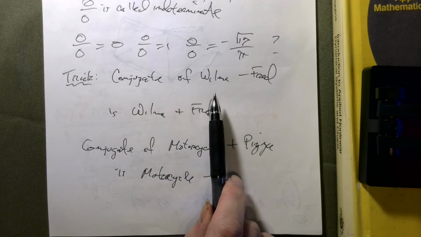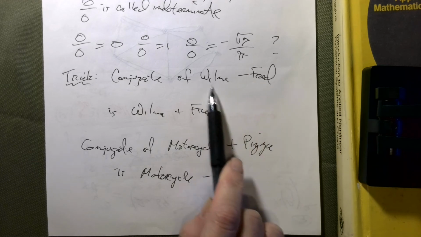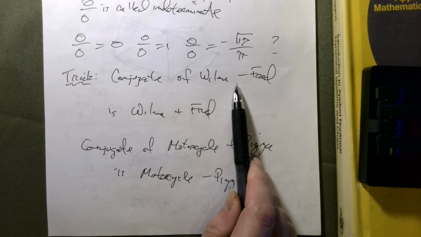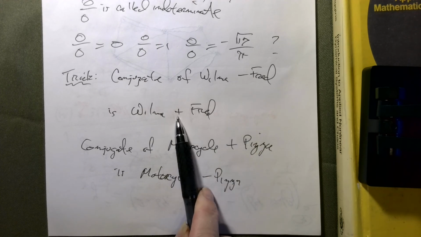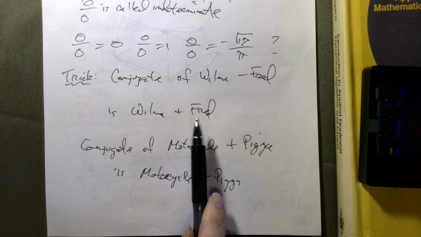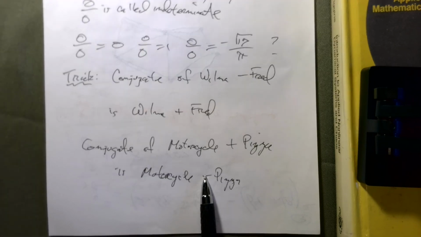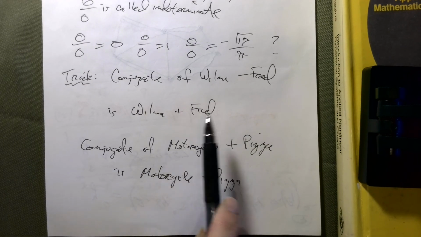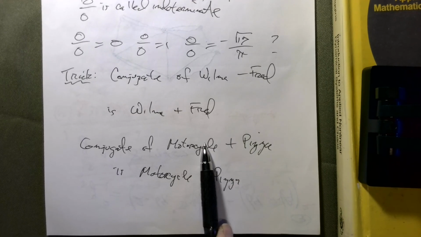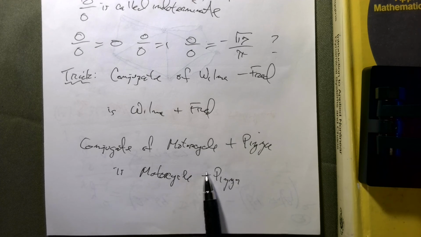So if I have Wilma minus Fred, and I take the complement of this, I make this into Wilma plus Fred. So this was a negative, now it becomes a positive. If I take the conjugate operation of Wilma plus Fred, the plus becomes a minus, and if I go motorcycle plus pizza and take the conjugate, the plus becomes a negative.